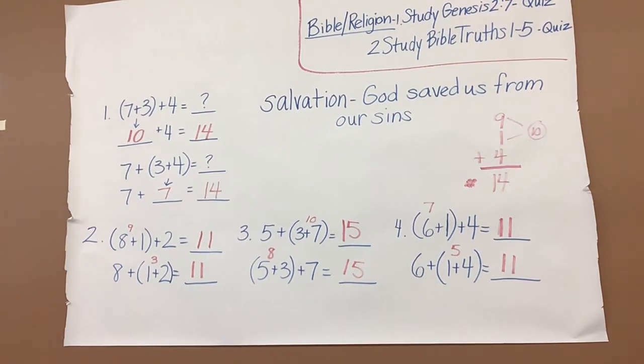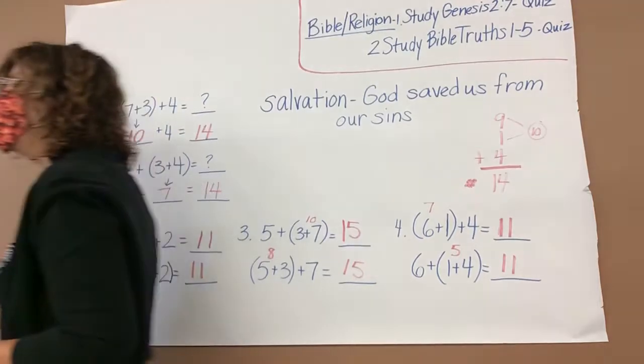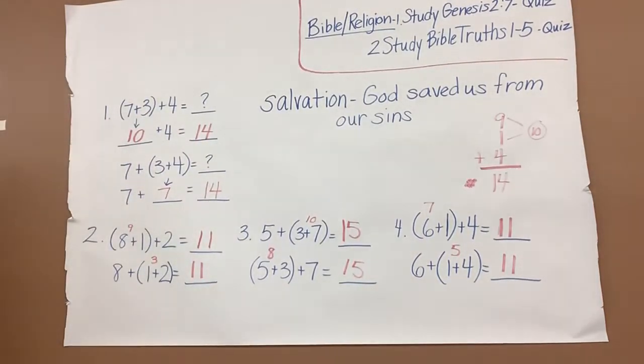So circle those, that's 10, and then you add 3 and 2. 3 and 2 is 5. Don't circle them, because they don't add up to 10. So 10 plus 5 would be? 15. Very good.